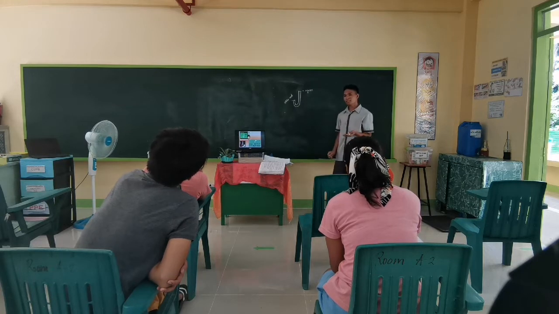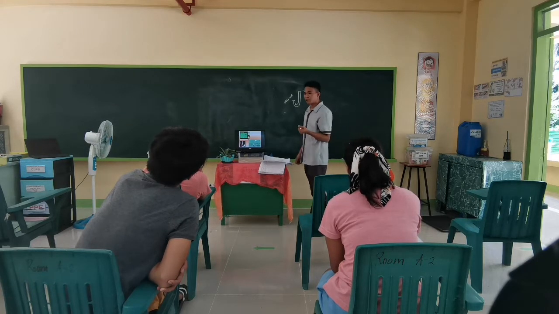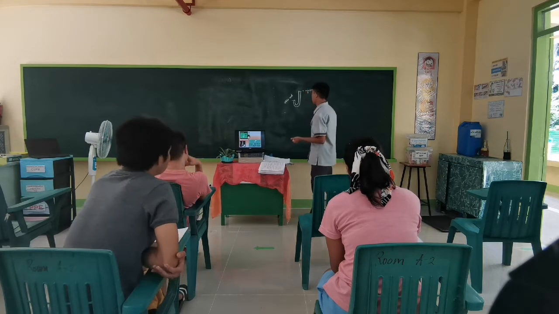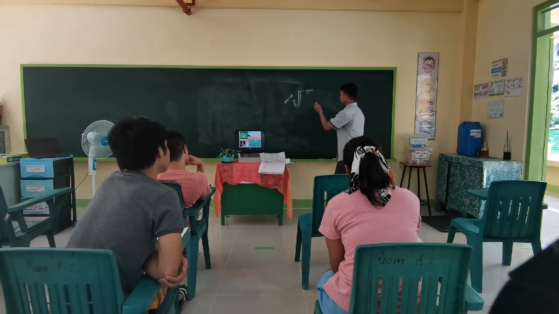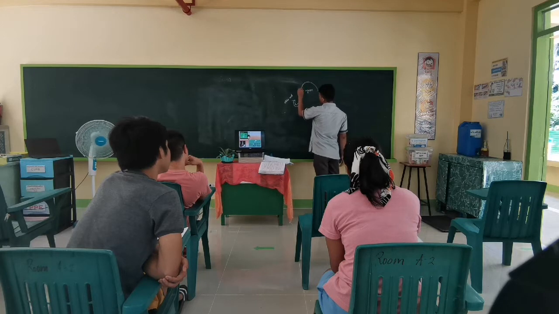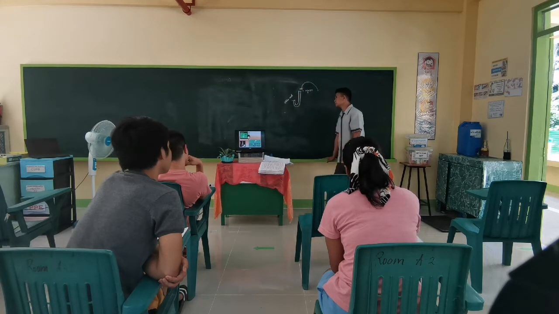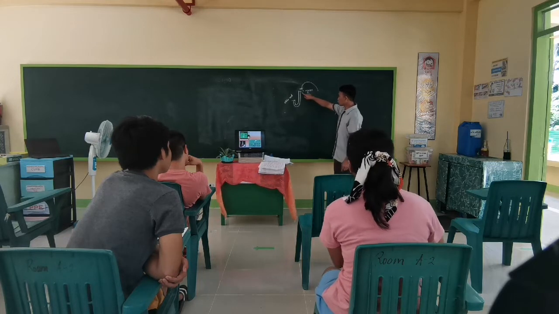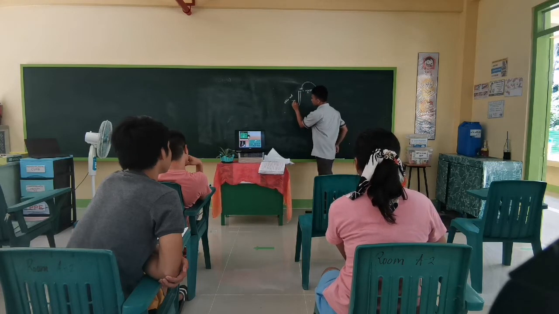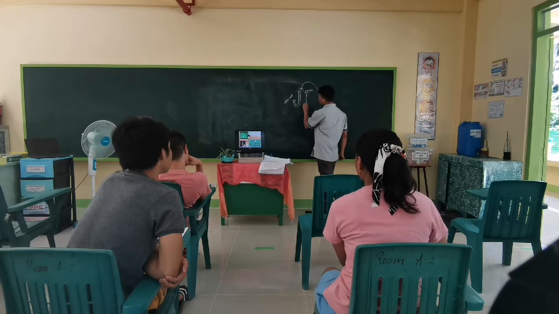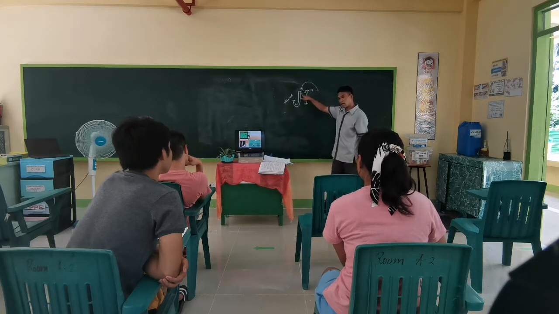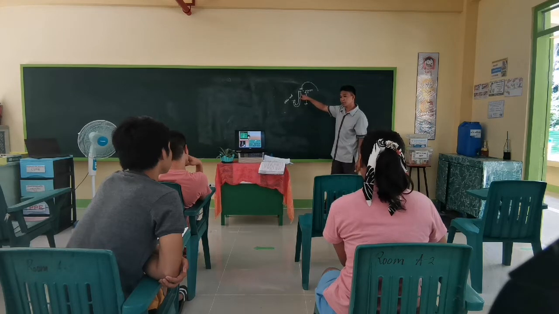Now, how did Robert Boyle come up with this experiment? He put mercury in the J tube. He poured it in, and he noticed that the volume here decreases, and he observed that the height of the liquid inside the J tube is increasing.